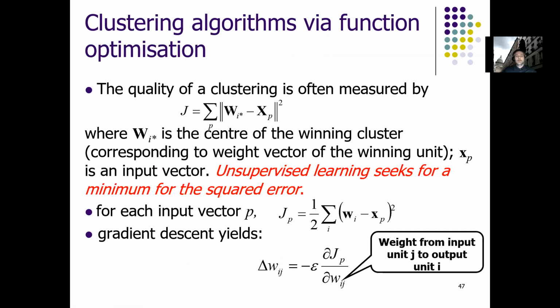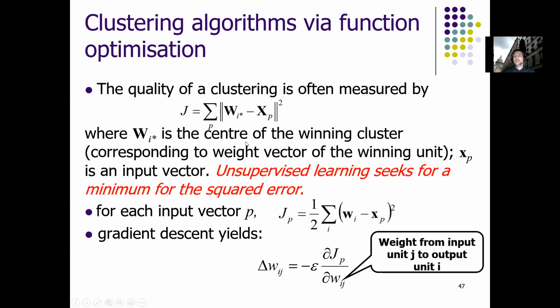So I have an example here of how this can be done. A simple algorithm to do it would be to use as a metric this kind of function. It's the difference between weights and data points. And this will give us also a measure of the quality of the clusters.